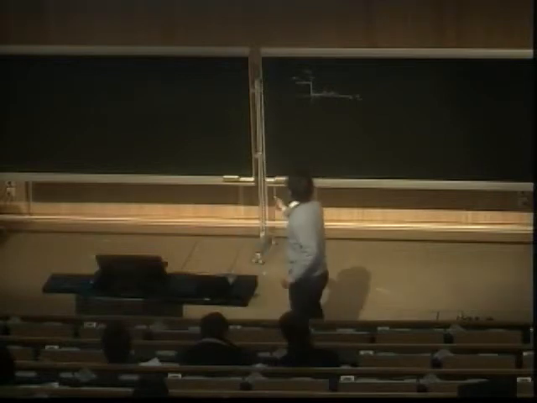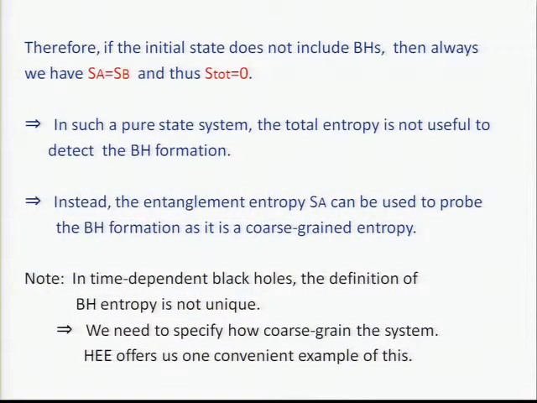In this way, we can show that S_A equals S_B, and that means the difference, the total entropy, is always vanishing. So in such a pure state, even if we have some black hole production, the total entropy is always 0, but that means total entropy is not that useful to detect black hole formation. Instead, we can look at just one copy, just one S_A.